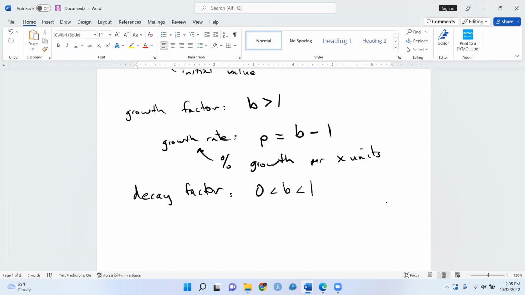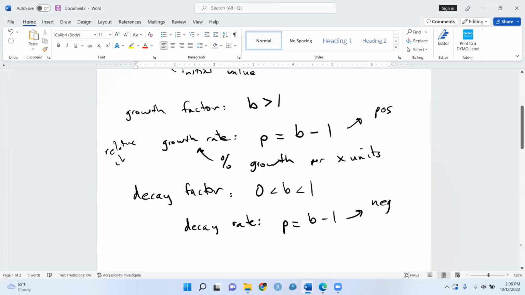And then we can have an associated decay rate, and it's calculated exactly the same way: p equals b minus 1. The difference is the growth rate will be positive and this number is going to be negative. The other thing to note is that this rate is really the relative change. That's where that comes from.